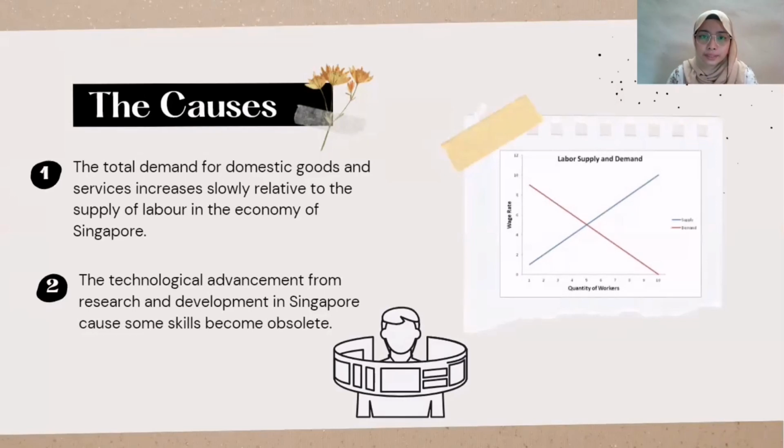Because of that, the new jobs provided will not be sufficient for the labor force, leading to cyclical unemployment. Secondly, technological advancement from research and development in Singapore caused some skills, such as sewing skills, to become obsolete, which will lead to structural unemployment.